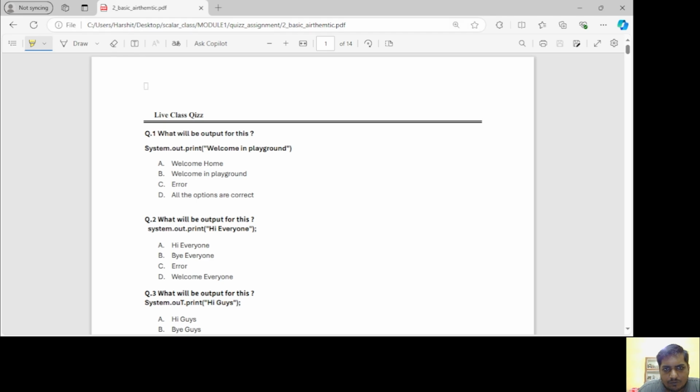Read the question very carefully. What will be the output of this? The first statement would be correct if it ends with the semicolon. Otherwise, it shows an error. The answer is C. Okay. Why C?